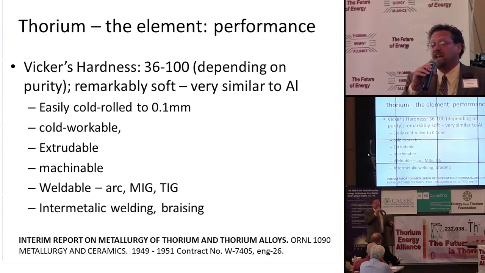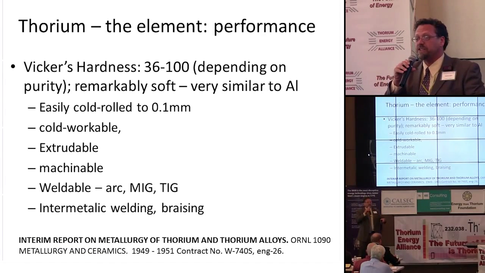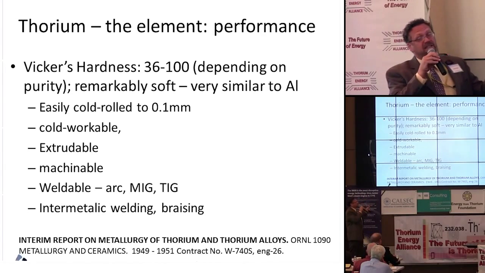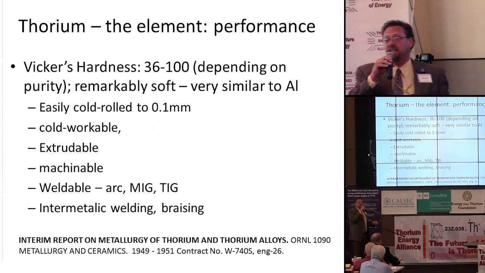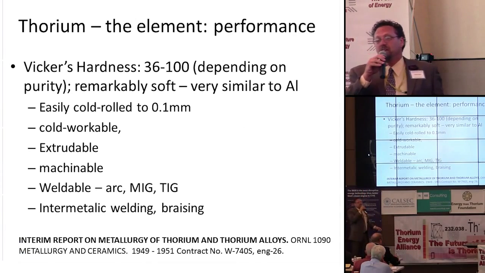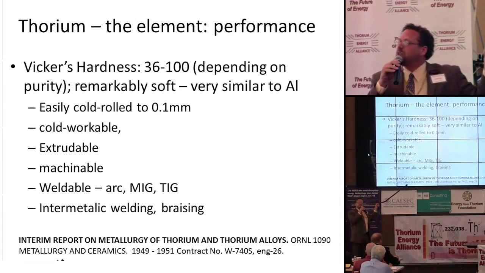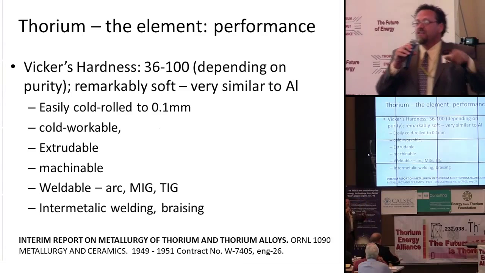Now, with today's advanced technology, we use ultrasound and penetrating X-ray to look at microfractures subsurface, but to the best of their ability, they had micrographs down to 900x, and they didn't see anything, and that was pretty impressive. You can machine it. You can extrude it. You can make ingots, billets. You can pretty much do whatever you want with this stuff.